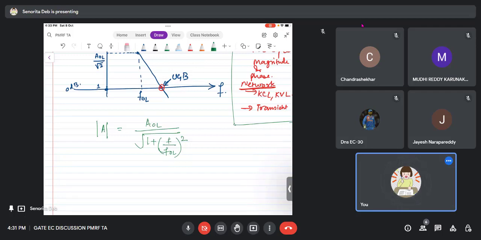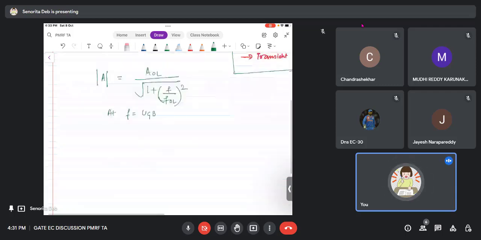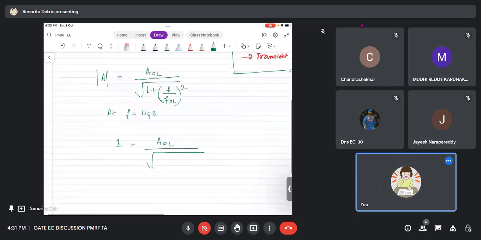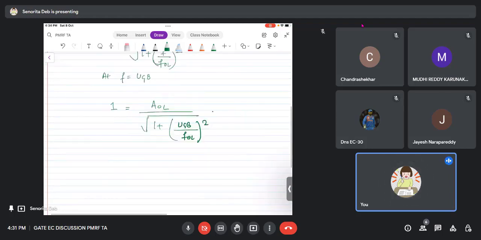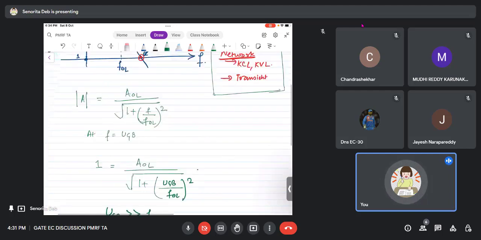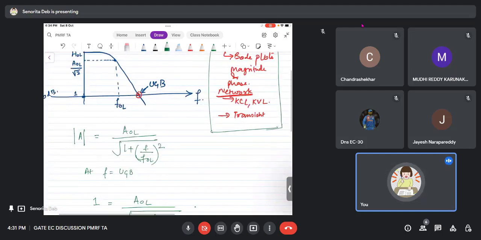And at F equals UGB, unity gain, 1 equals AOL upon square root of 1 plus UGB by FOL whole square. And UGB is actually very much greater than FOL. In my diagram it might not appear so, but UGB is actually very far.